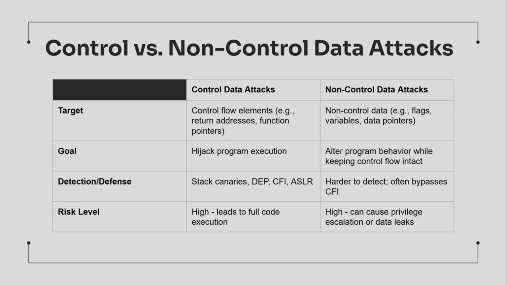Non-control data attacks focus on logic within the application, such as changing flags, variable counters, loop counters, or altering login data to alter the program's behavior. Defenses like stack canaries, control flow integrity, etc., are effective against control data attacks. However, the non-control data attacks can often bypass these security measures, making them harder to detect.